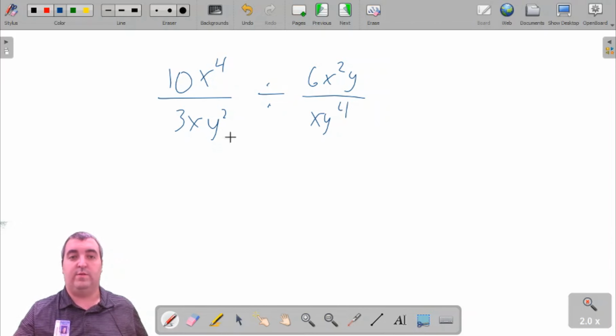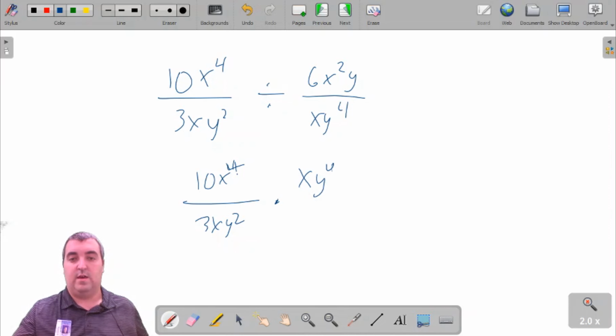All right, so at this point, because we're dividing by a fraction, you're going to multiply by the reciprocal, or 3xy squared. So this one stays exactly as it is, but now this becomes multiplication. And we have just flipped it. And now we multiply straight across.